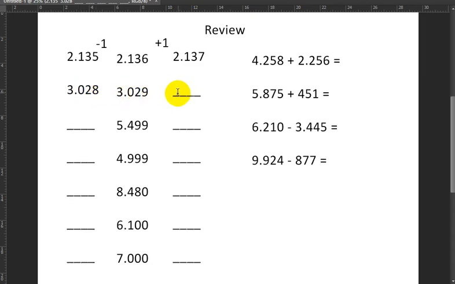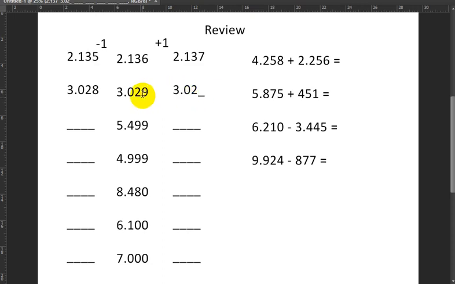Well, what about one more? If I increase this 9 by 1, that means I'm going to get a 10. So what am I going to write here? 10. No, we've said that we can only have one number in the ones place. And this is the ones place right here. We can't just put in 2 numbers here.